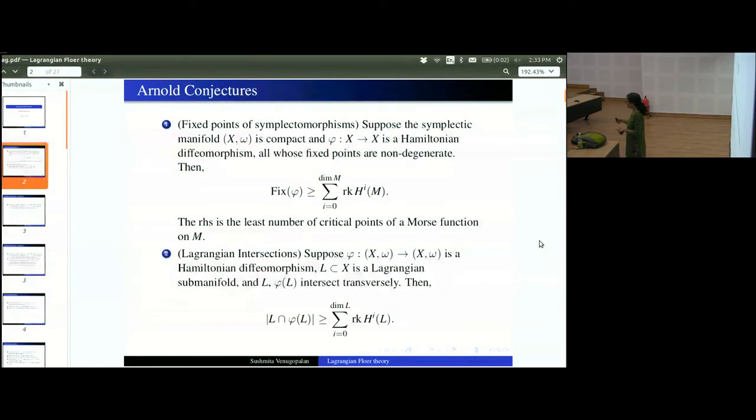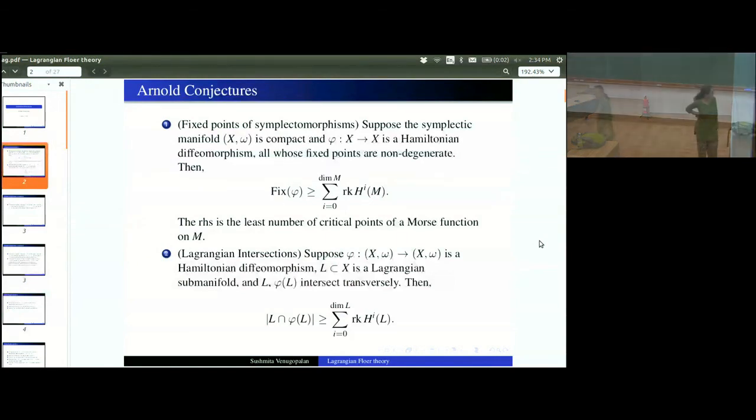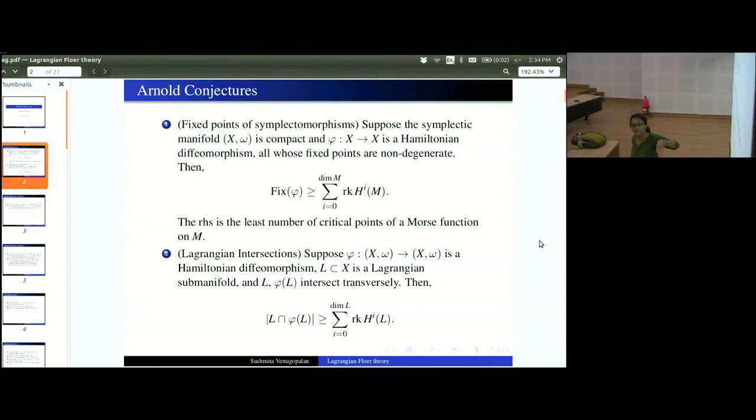The Arnold conjecture gives a lower bound for the number of fixed points of such a diffeomorphism as the sum of the ranks of the cohomology groups of, I see a typo right away, it's X and not M. So if you ever see an M, just replace it with X. So it's lower bounded by the ranks of the cohomology groups. Another way to think of the right-hand side is it's the least number of critical points of a Morse function on the manifold.